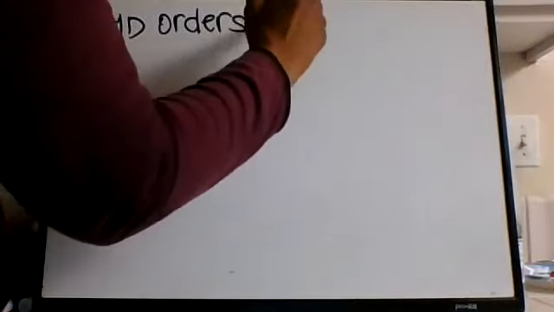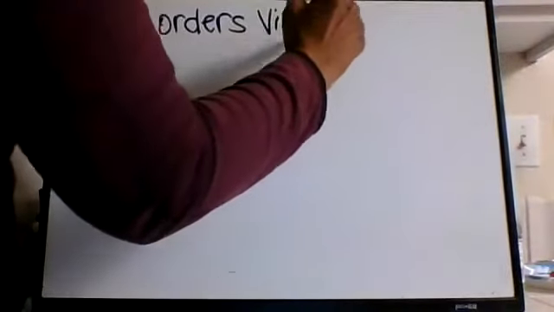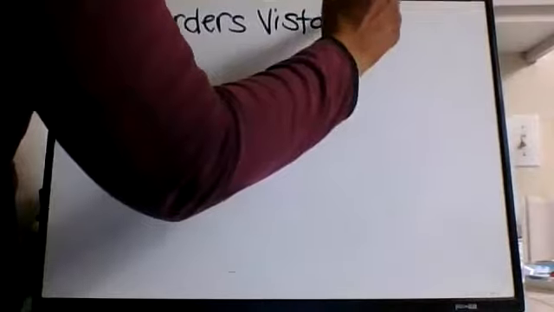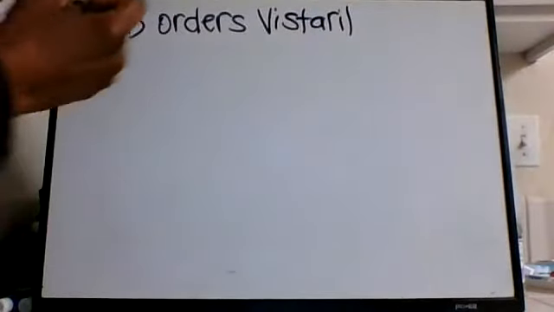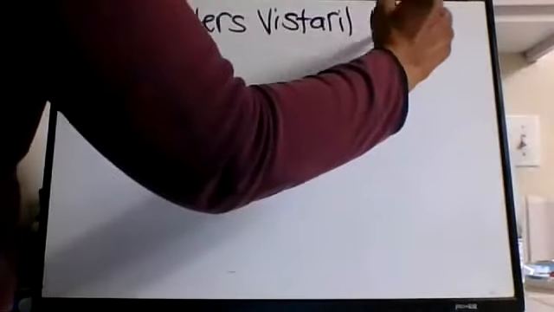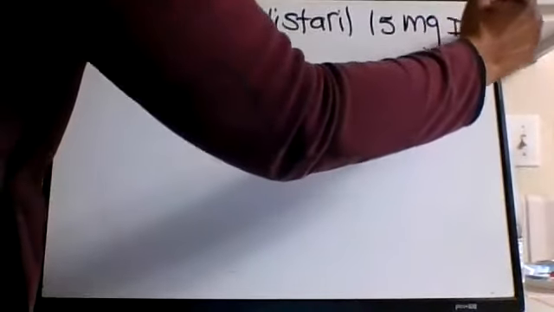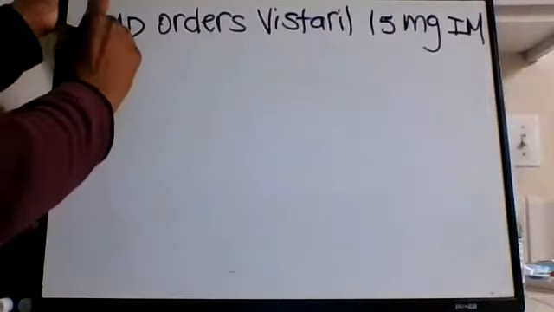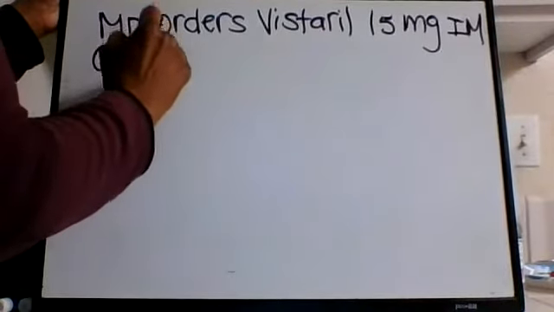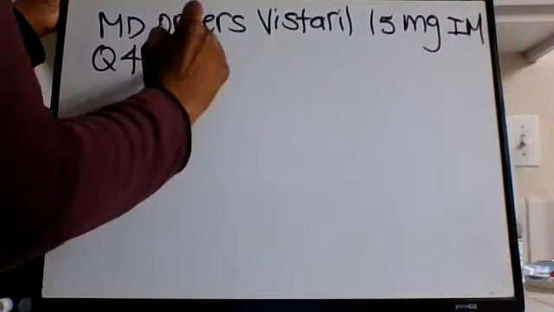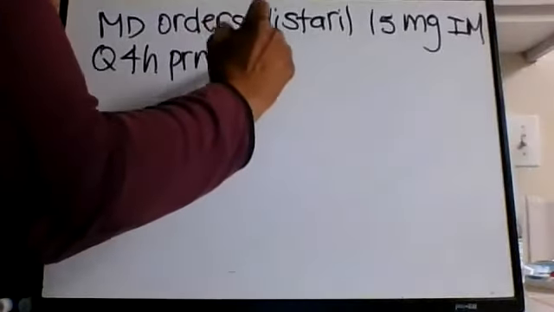The second one is the MD orders Vistaril 15 milligrams IM every 4 hours, PRN for nausea.